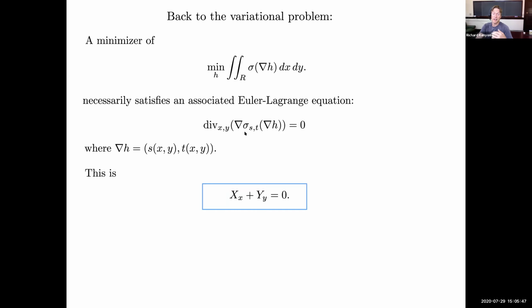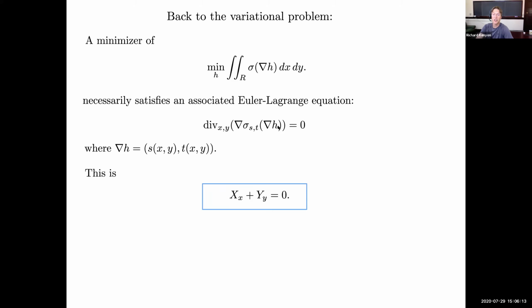But if you think about the definition of capital X and capital Y, which are the S and T derivatives of sigma, this PDE looks much simpler. It's just the little x derivative of capital X plus the little y derivative of capital Y equals 0. Here, little x and little y are the coordinates on the plane where your height function is living over.